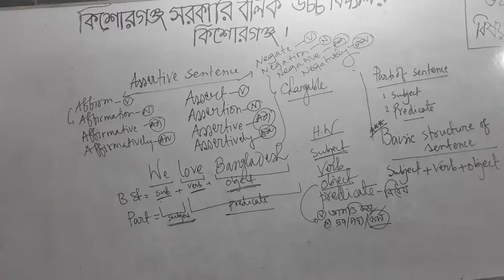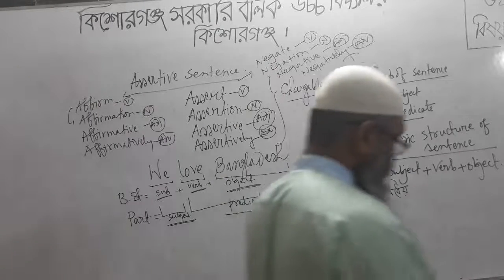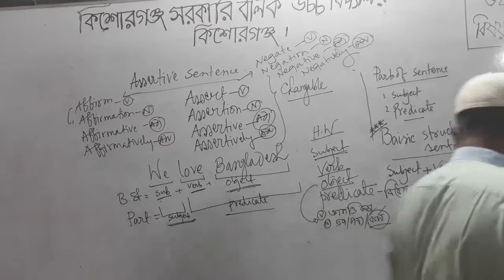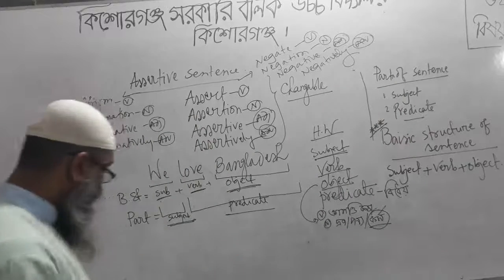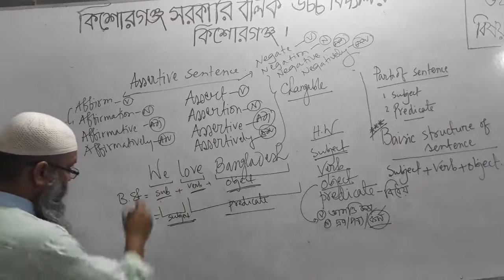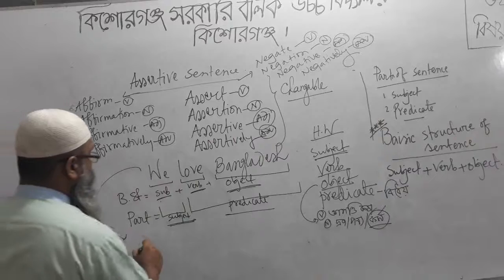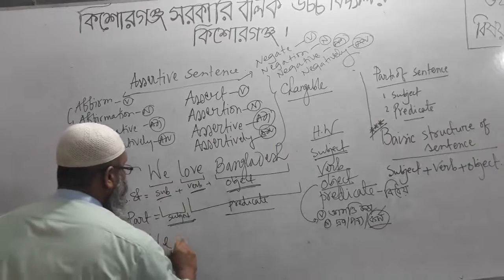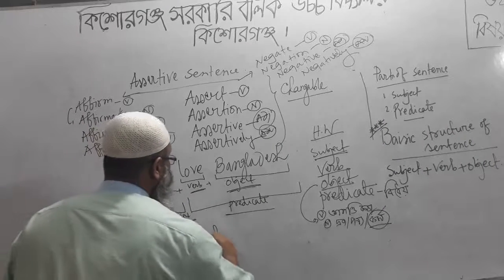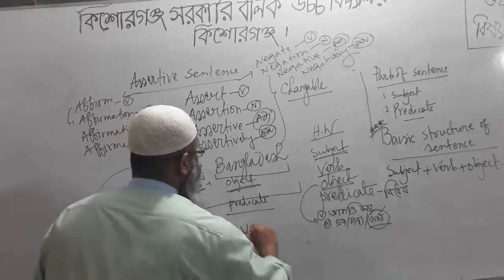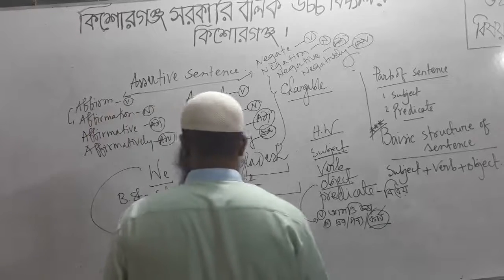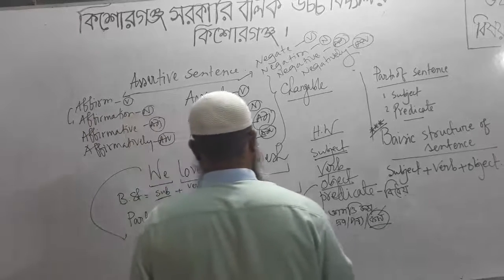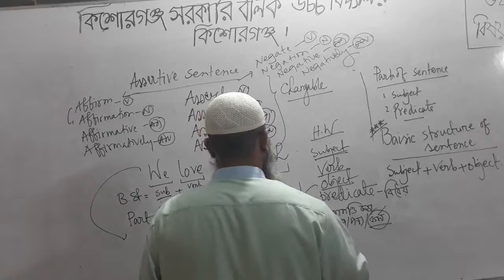And another point you have to remember is that whenever we think of it as negative, then we have to use an auxiliary verb. If I show you, we do not love a liar.